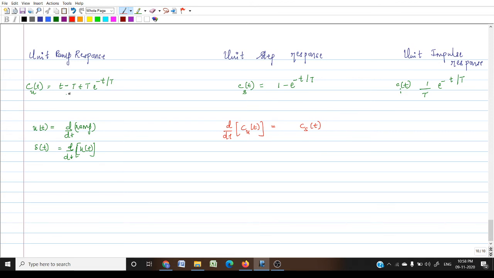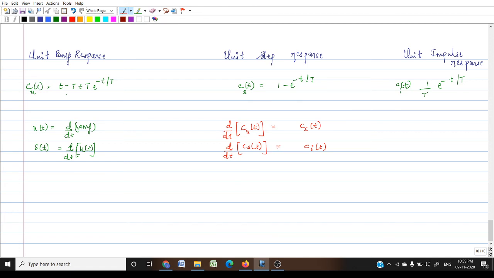When you differentiate t minus capital T plus T into e to the power minus t by T, what we get is Cs of t, that is the unit step response. Similarly, when we differentiate Cs of t, what we get is Ci of t.